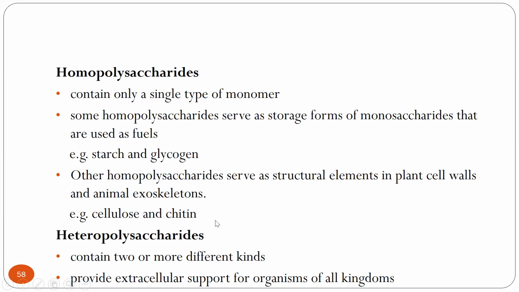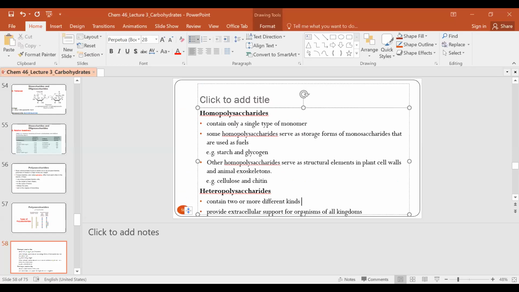Those are some of the polysaccharides that you can find. So these are examples of the homopolysaccharides. For heteropolysaccharides, I have mentioned that they contain 2 or more different kinds of monosaccharides. Usually they also provide extracellular support for organisms of all kingdoms.